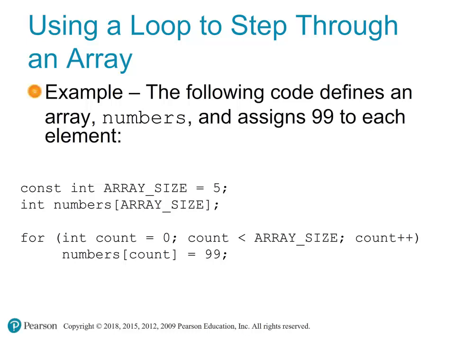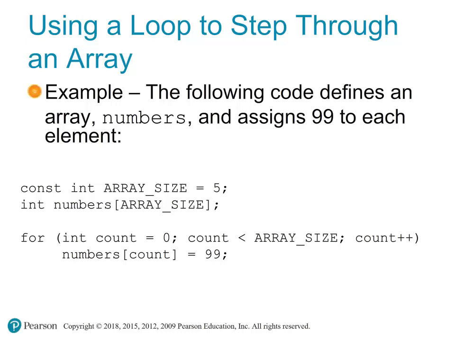The loop starts with a counter count at 0 and increments it until it is less than array_size. Inside the loop, we assign the value 99 to the array element corresponding to the current counter value. For example, numbers[count] = 99.